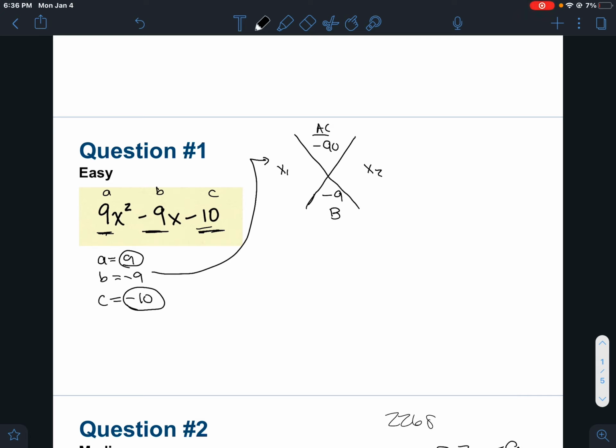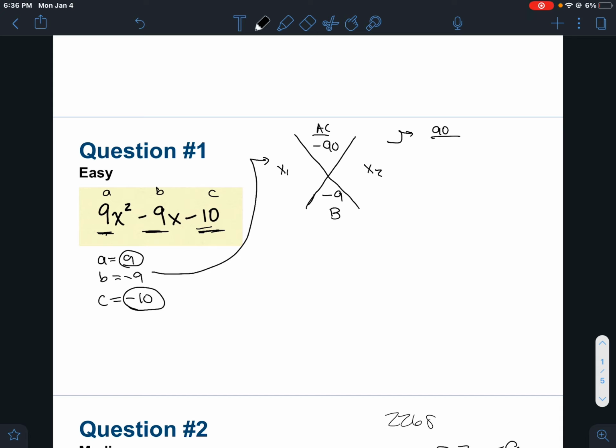Now, the AC method is not too much different from normal factoring, but you are going to have to change it up a little bit. For the AC, we got -90, right? So what we're going to do is take that -90, and you only need to write 90 for right now, and then write down the values.